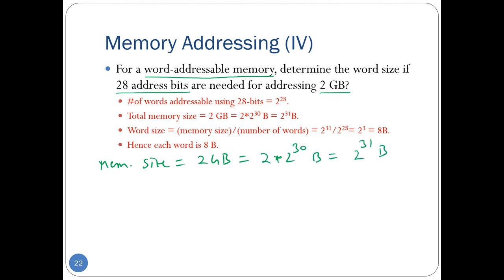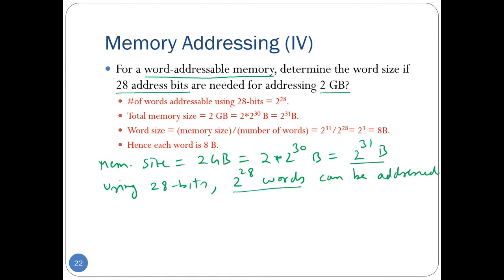Now this is a word addressable memory. So using 28 bits, we can address 2 to the power 28 words. We know the number of words, and we know the memory size.